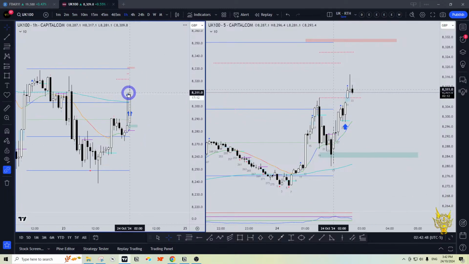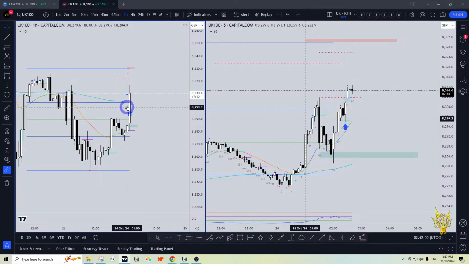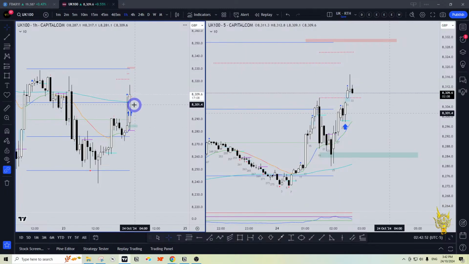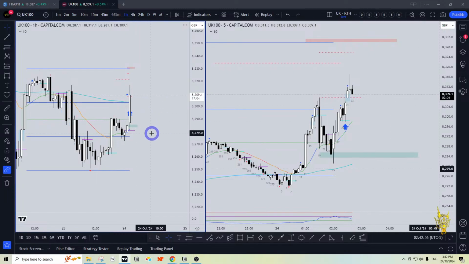No one on the 60-minute chart really wants to buy above this giant tail. So we've got 20 minutes for 60-minute traders to come in and lend a hand.